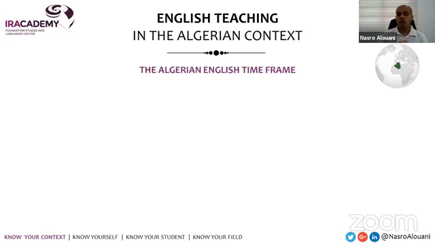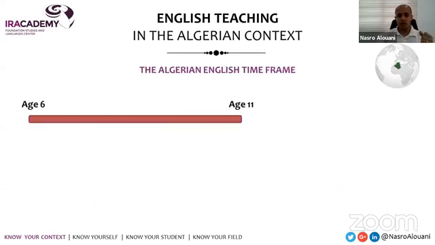Okay, now we talk about the Algerian English time frame. As you know, in Algeria, in our schools, we have a specific time frame that the government follows, and it changes a lot over time, but this is generally the updated time frame. From age 6 to age 11, students never confront English.